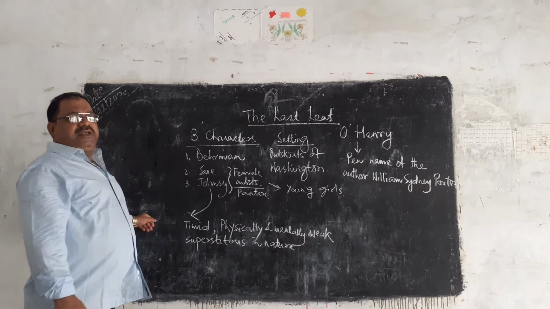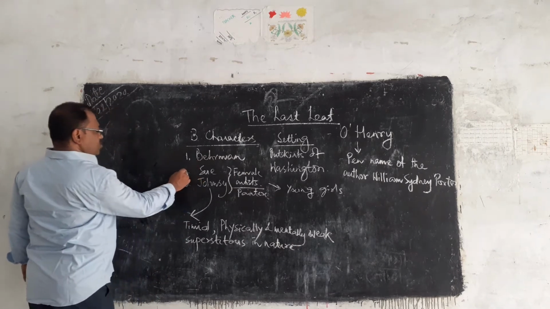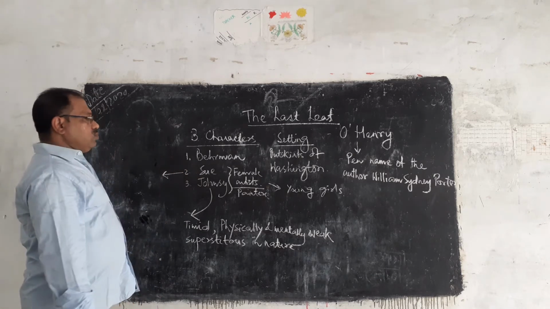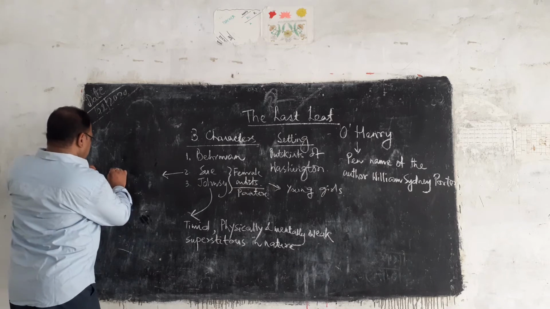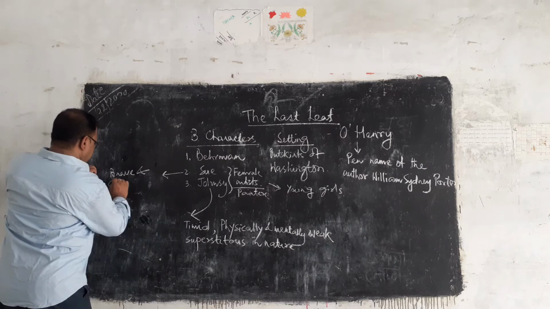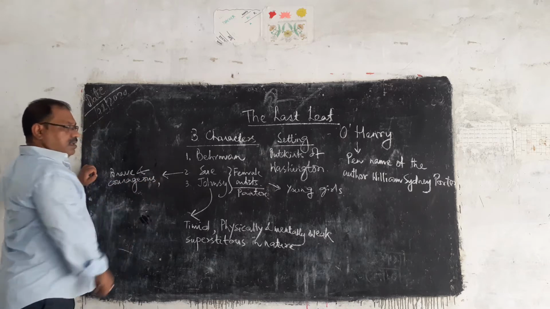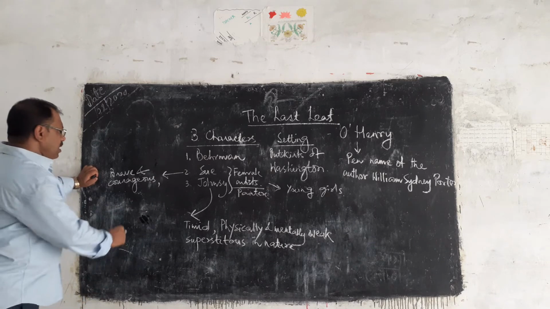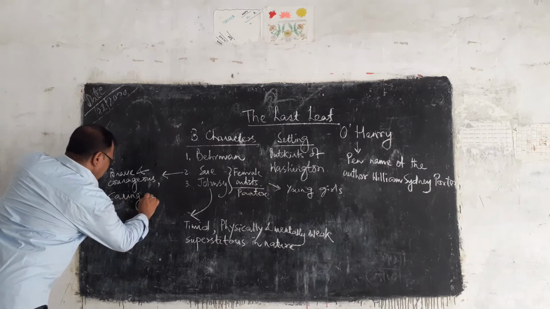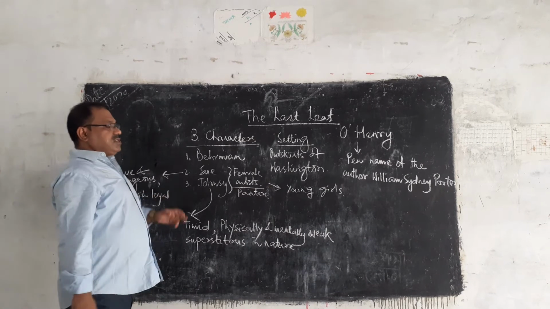Whereas on the other hand, Sue, both of them are friends. Sue is a very brave and courageous girl, very caring and loyal to her friend Johnsy.